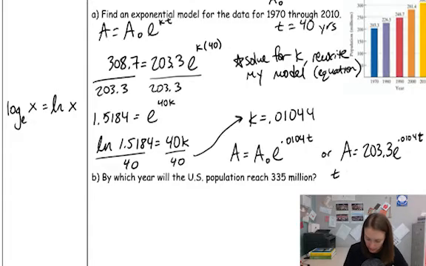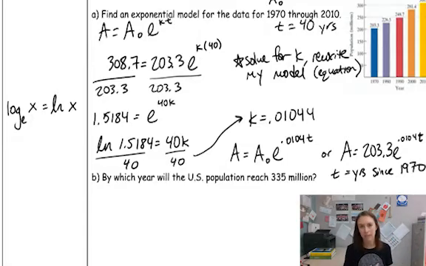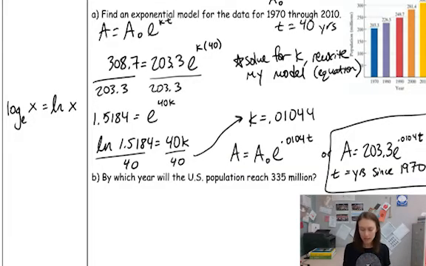Just note that t is years since 1970, because I'm using that 1970 amount as my initial value there. I actually like this one better. If we think about our functions, usually we have f of x equals something with an x involved. So this is like A of t equals something with a t involved. Remember, e is a number, it's not a variable. So it's nice to see the whole equation with just the variable t and everything else filled in.